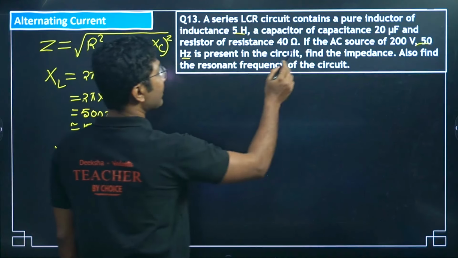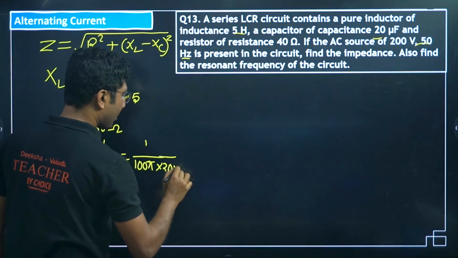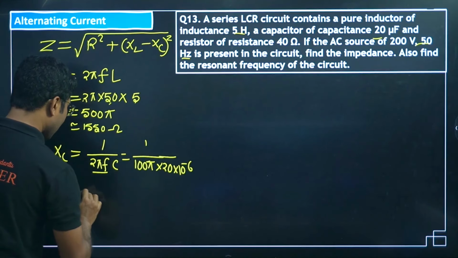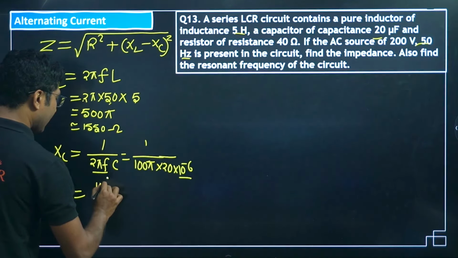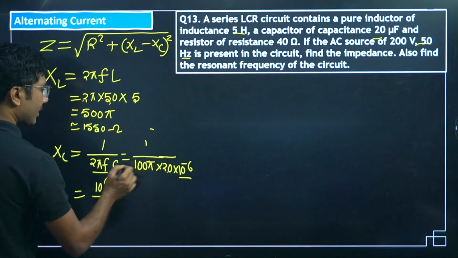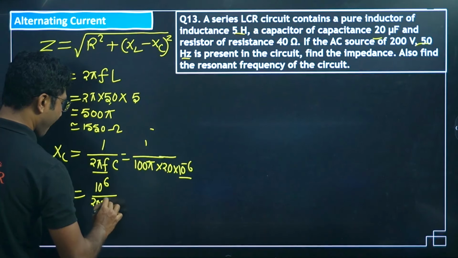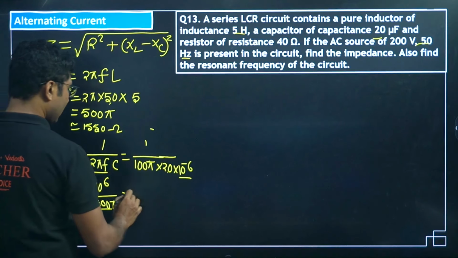Capacitance value is given here as 20 microfarad. Micro means 10 to the power of minus 6. Why I said this is little bit tricky? Because this 10 to the power of minus 6 you have to take in the numerator. Okay, this will go up and become positive. 20 into 100 pi, it will be 2000 pi. So, 3 zeros over here, 6 zeros in the above.